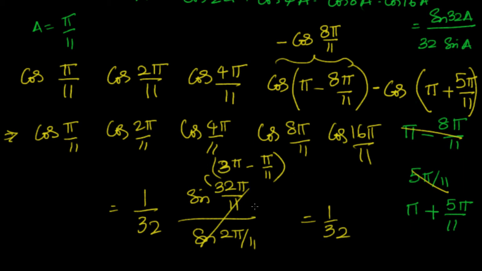Second quadrant sine is positive, so these are the same, sine pi by 11, and here also you have sine pi by 11, correct? That is sine 32a, 32 into a is pi by 11, divided by 32 into sine a, that is sine pi by 11. Now 32 pi by 11 I can write as 3 pi minus pi by 11, and here I have only sine pi by 11. Both are equal. You will get 1 by 32.